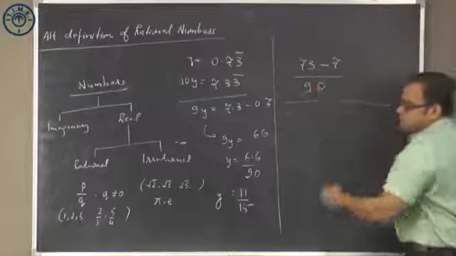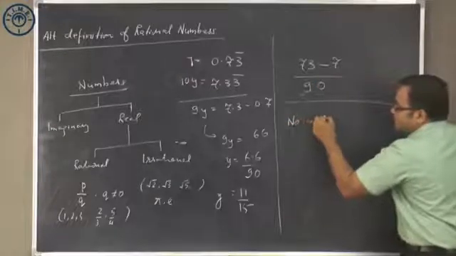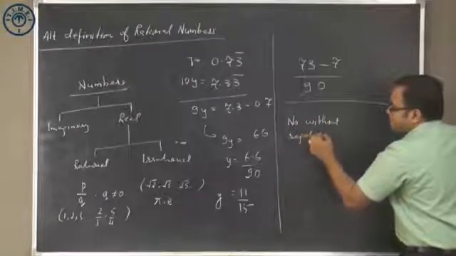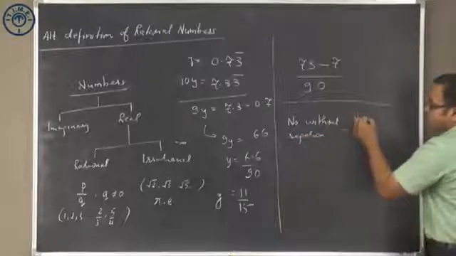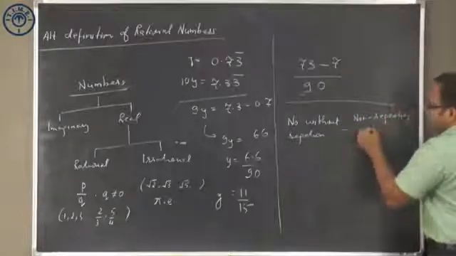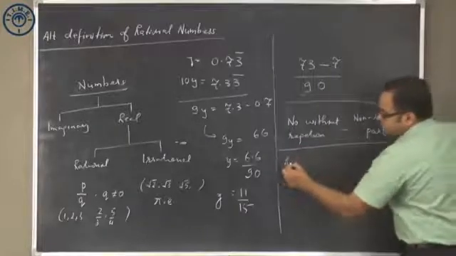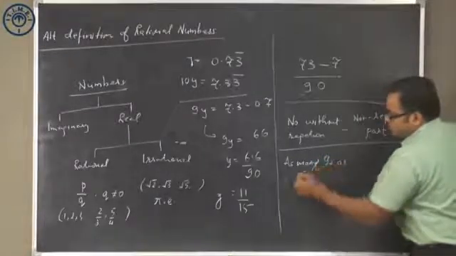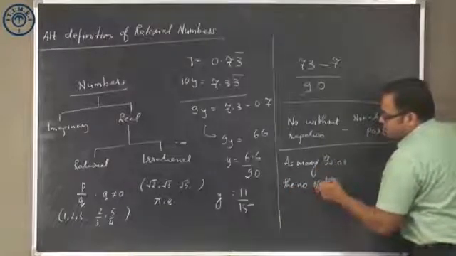Again, I'll write this in a general form. Number without repetition minus non-repeating part, divided by as many nines as the number of digits repeating.